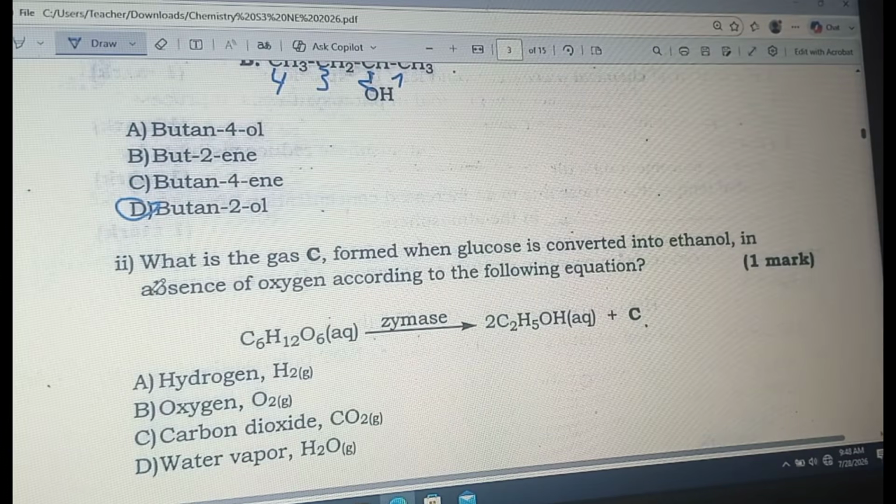Let's continue to the next question. What is the gas C formed when glucose is converted into ethanol in the absence of oxygen, according to the equation? Glucose in the presence of enzymes gives this alcohol, and C is carbon dioxide.